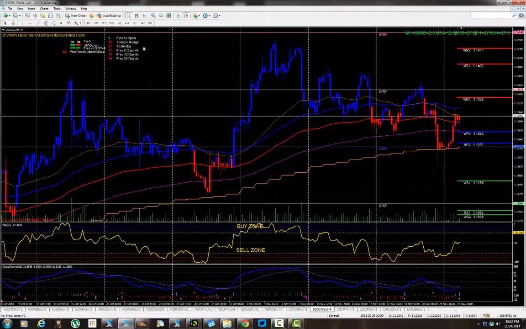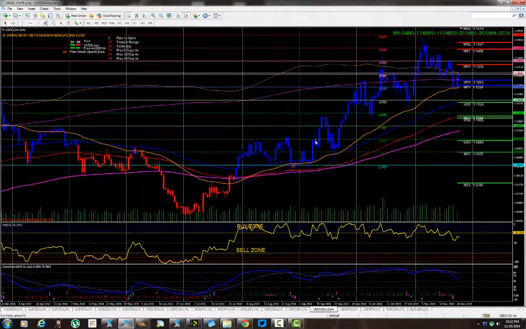USD CAD, we closed down, but the trend is maybe up. Signals up. So a little bit choppy. Oh, that was not that good.